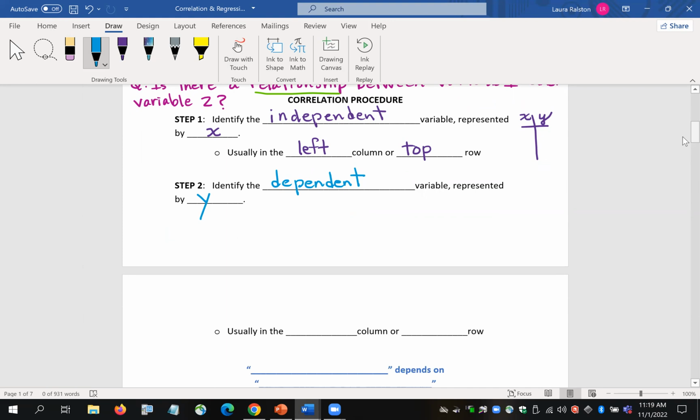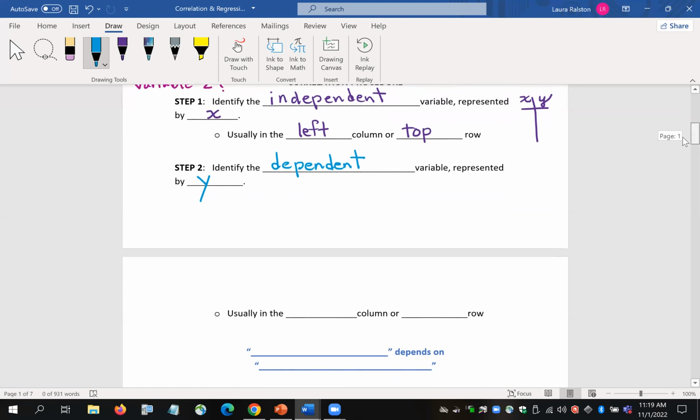But it does matter when we begin to create the model, because we have to think about which one of the variables we can manipulate or choose, and that becomes our independent. So it's better to go ahead and identify which one is independent and which one is dependent from the beginning.